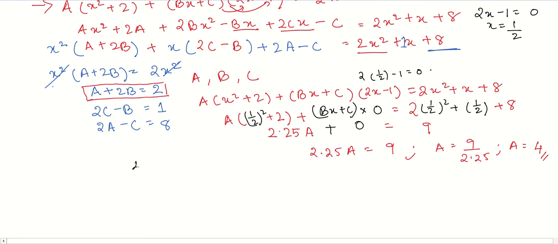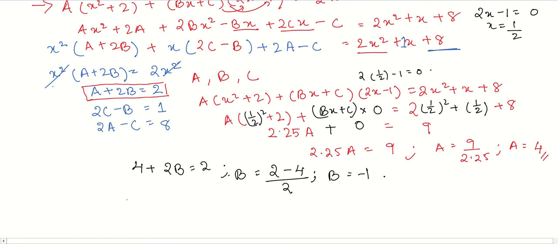We have a equals 4, and we need to find b. So 2b equals 2 minus 4, divided by 2, because it's 2b. So b will equal minus 1.